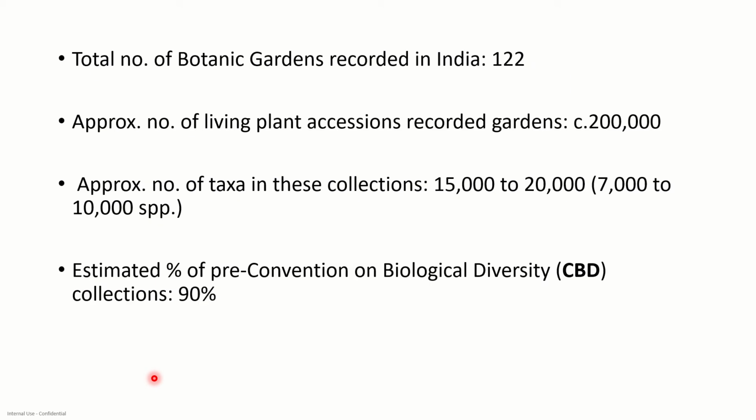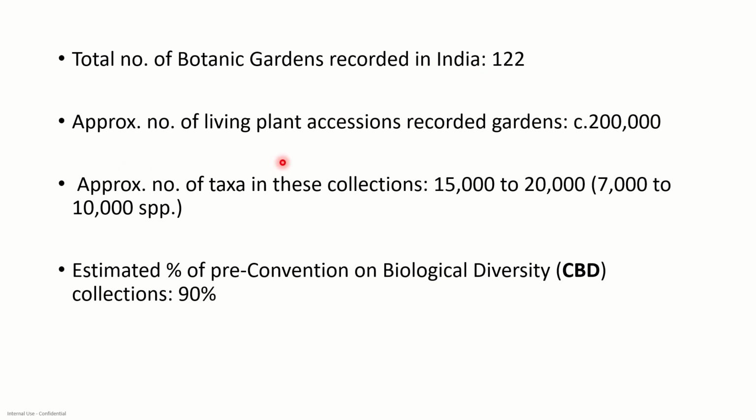Now let's come to some general knowledge aspects about botanic gardens. The total number of botanical gardens recorded in India is 122.